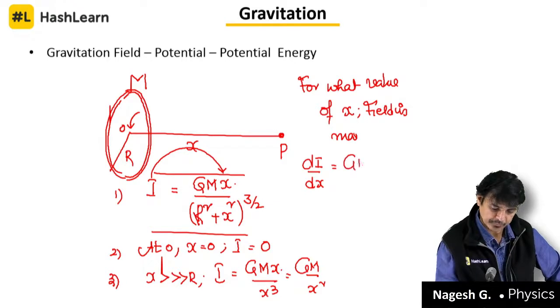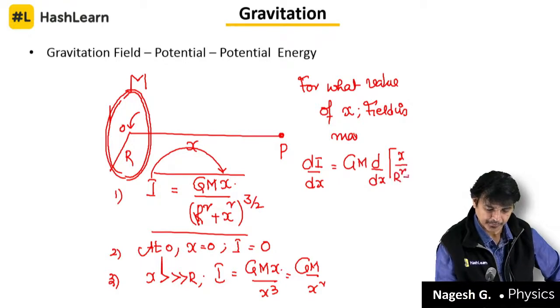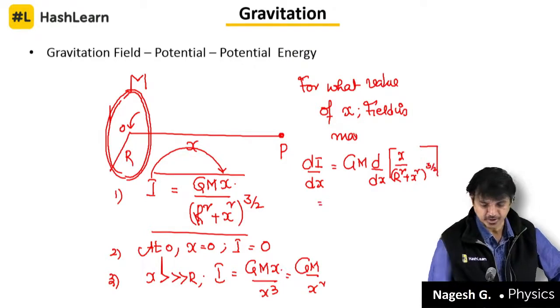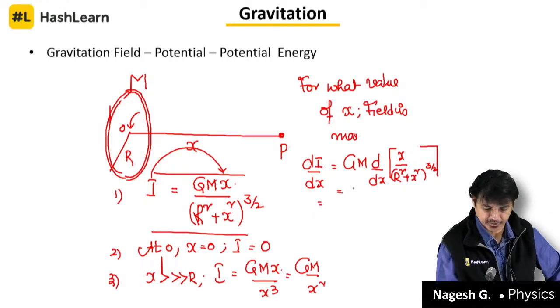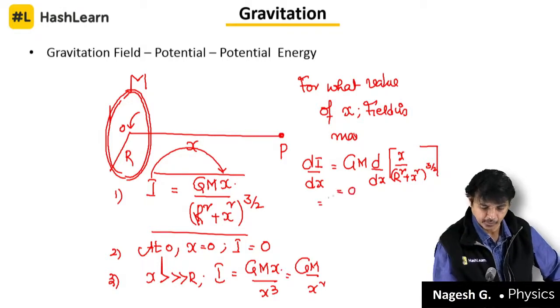GM into d by dx of x by (r square plus x square) whole to the power of 3 by 2. GM being a constant, we know that for a function to have either a maximum or minimum value, its first derivative will be equal to 0. So, 0 by GM anyway will be equal to 0.